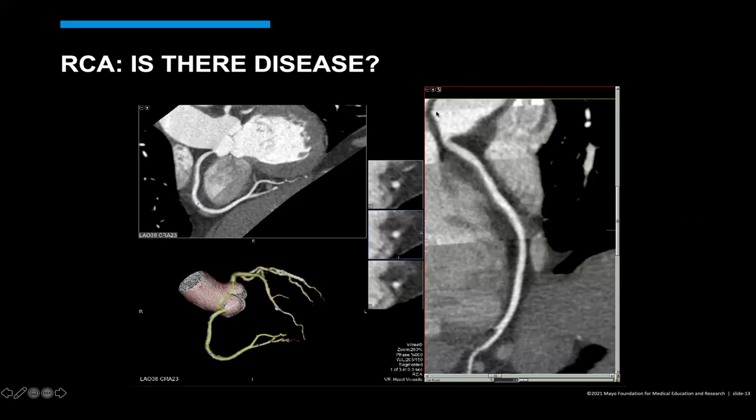And as you indicated correctly, this is from a prospectively gated acquisition. There's just a little bit of variability in the RR interval, so a little bit of variability in the position of the aortic root or the coronary artery from one rotation to the next. And that stair step artifact is going to be more pronounced the higher the heart rate and the more irregular the rhythm is.